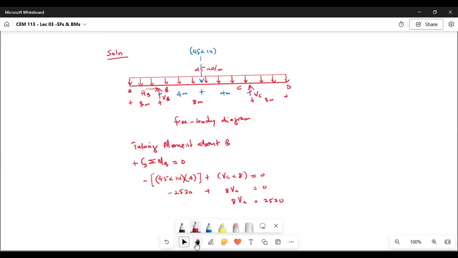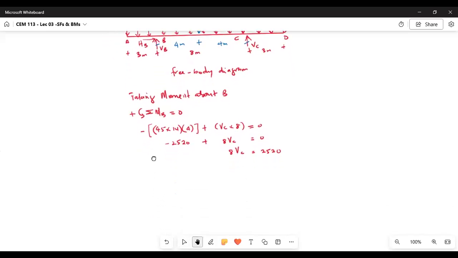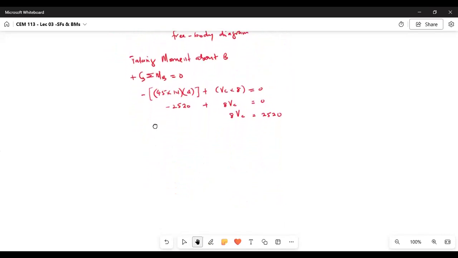Okay, let me move out a little bit so that VC is equal to 2,520 over 8. So VC is equal to 315.